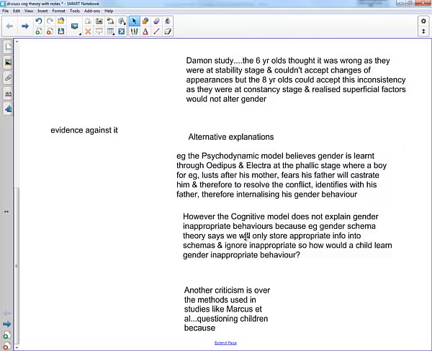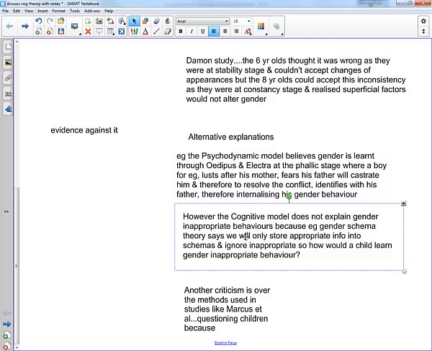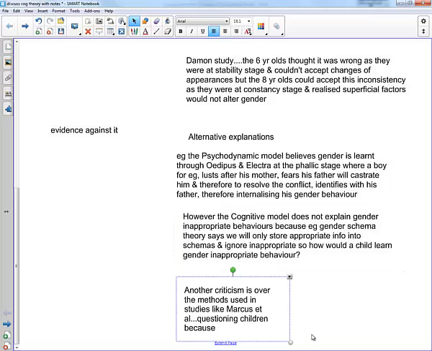However, this one, the cognitive model, doesn't explain gender inappropriate behaviours, because gender schema theory says we'll only store appropriate information. So how would a child learn gender inappropriate behaviour? And then we've got that further criticism we've just mentioned about the type of questions used for the children. It makes it an invalid test.